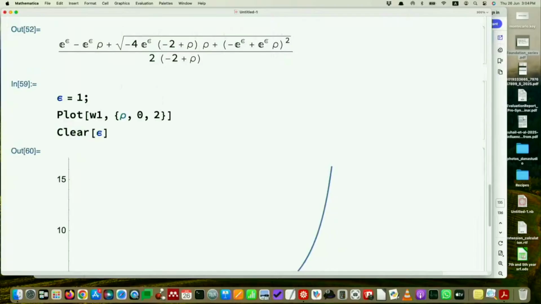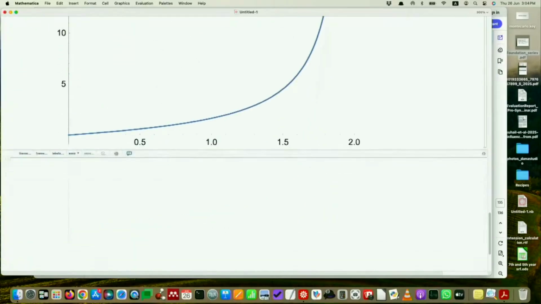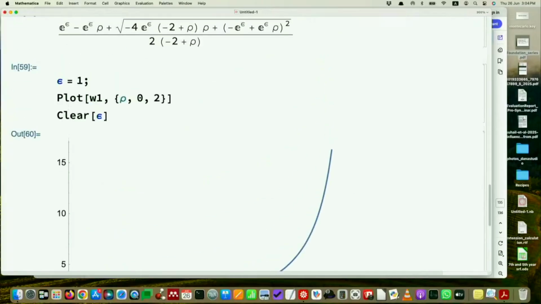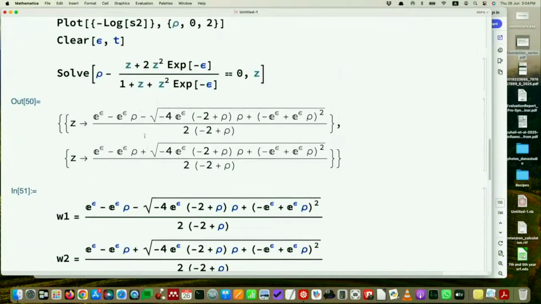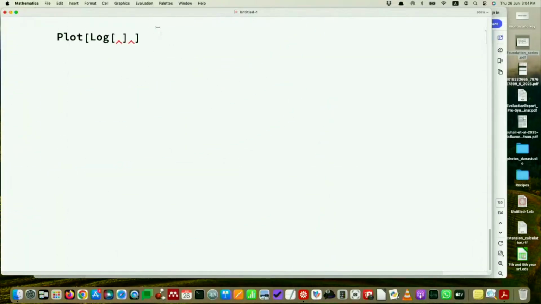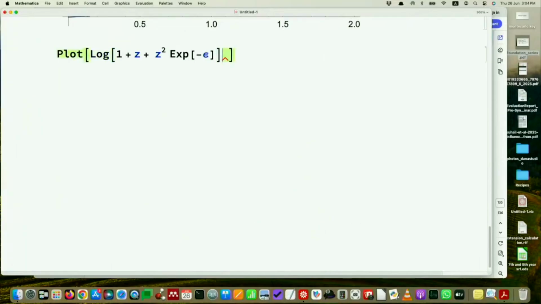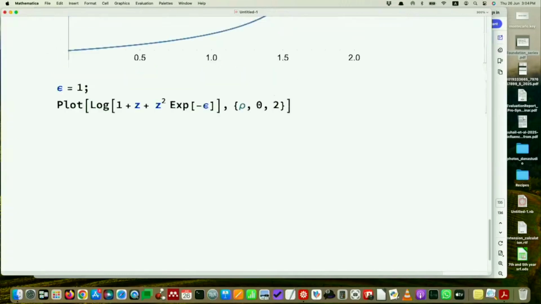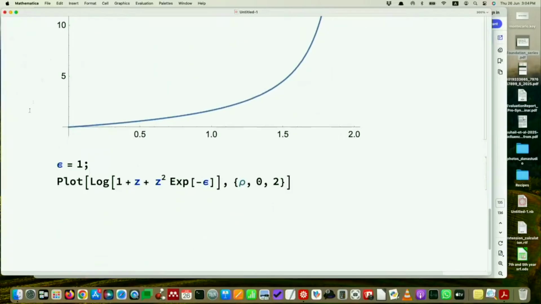Okay. So what do you want to plot now? We want to plot pressure. So plot, and pressure was what? Log of this one. And we want to define z is w1.